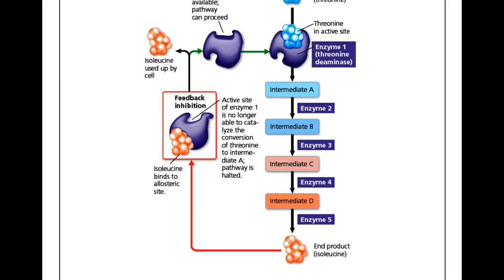Because it's binding, the active site is losing its shape. When the active site loses its shape, can enzyme 1 function? No. If it is not functioning, can the pathway be performed? No. Until isoleucine is used up, it holds like this.